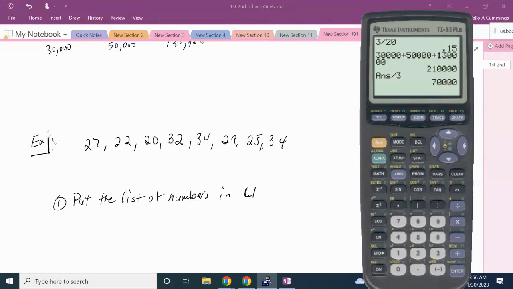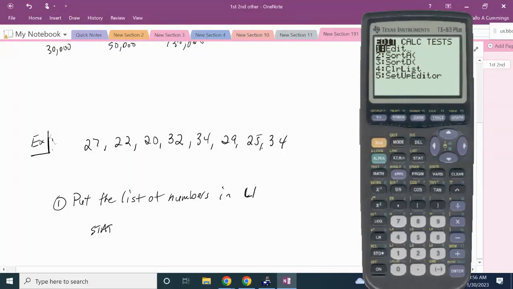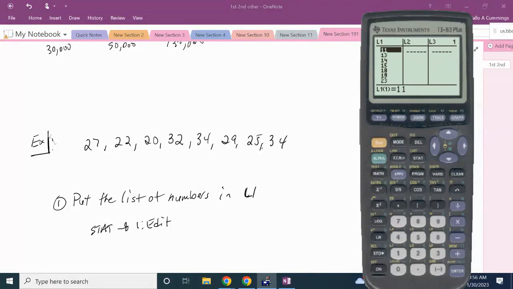So I'm going to turn it on, right? And when I turn it on, I'm at my home screen. So in order to enter anything into the list, I want to hit stat, and I want to edit, right, which is already highlighted, so I'm going to hit enter. Okay.